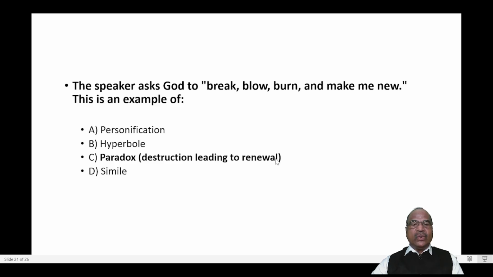This is of course a paradox, because if one is destroyed, normally there will be no renewal. Here, in the case of the word batter, as I have already explained, batter means destroy, but here the batter means break, blow, burn and make me new. So it is a paradox, destruction leading to renewal.